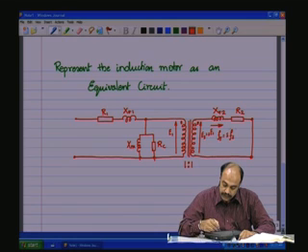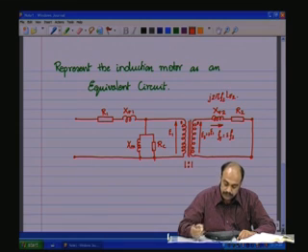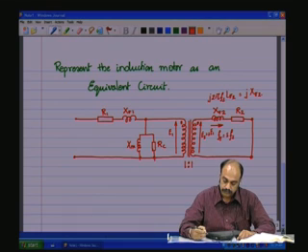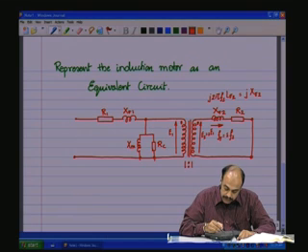Now because the frequency is S Fs, the reactance here also will change. What was the reactance? It is j 2 pi Fs into L sigma 2. This was equal to j X sigma 2 during standstill. So as it starts rotating, the frequency is changing, and therefore it is no longer Fs, it is Fr, which is S Fs.